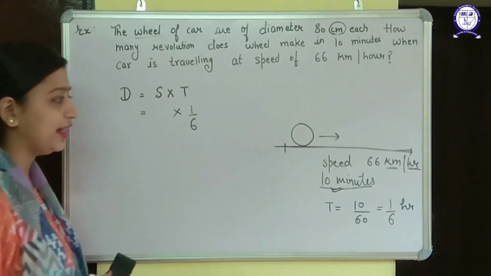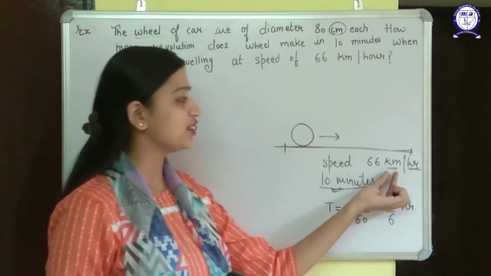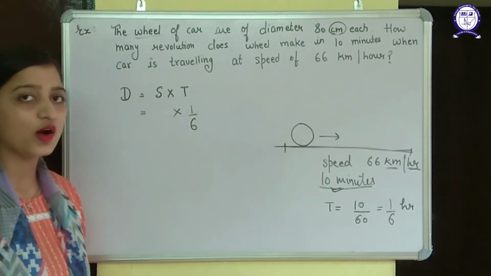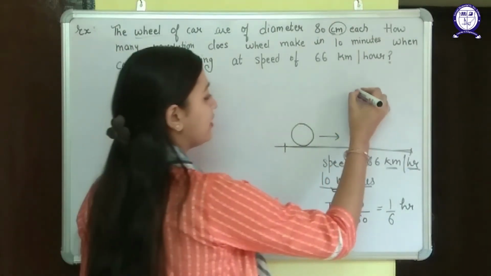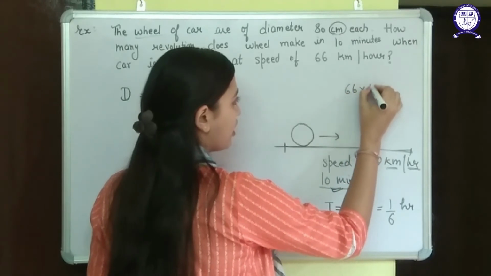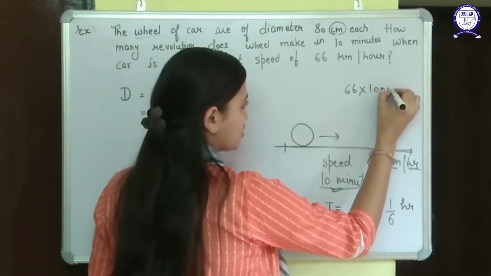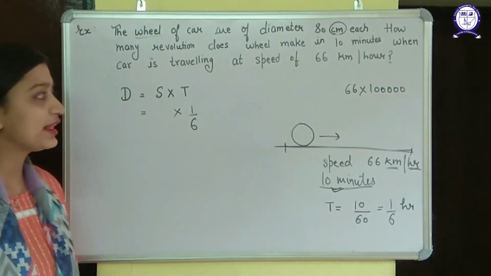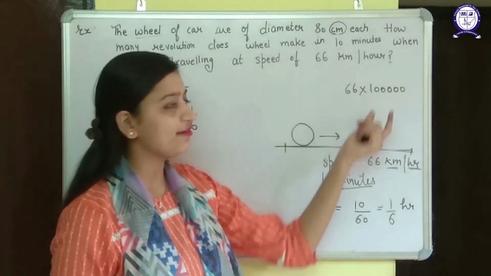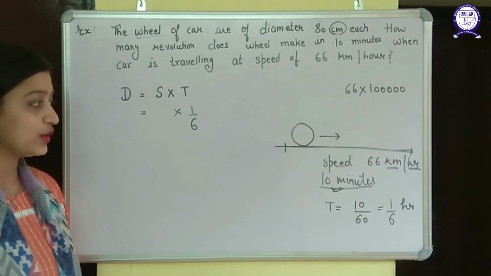Now what is the speed? I am changing this into centimeter. And how to change kilometer into centimeter? We will multiply 66 by 1 lakh. How do we know that?